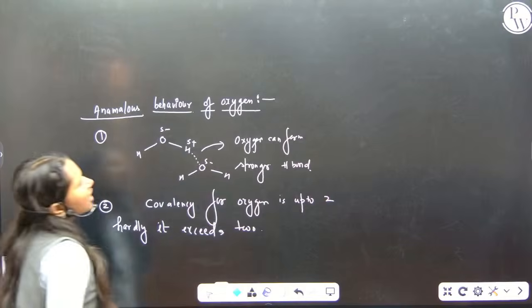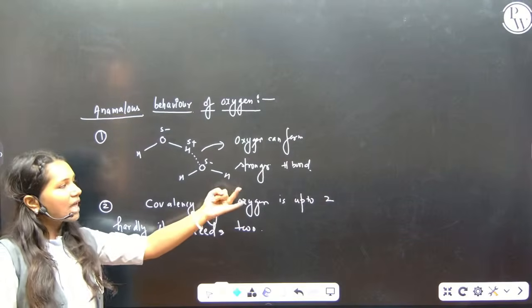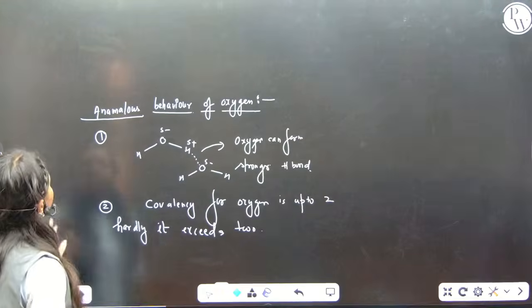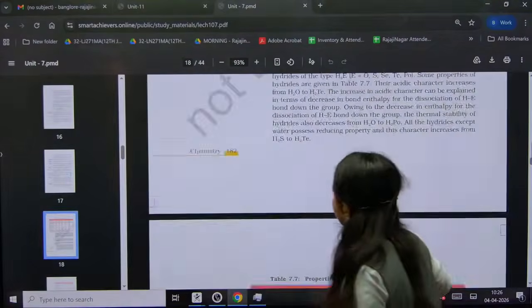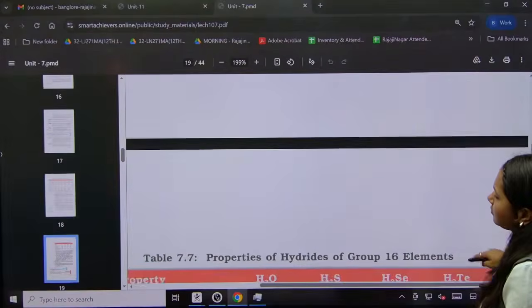Okay, so this is the anomalous behavior of oxygen. Again, the reason is the same for all: small size, high EN, absence of d orbital.